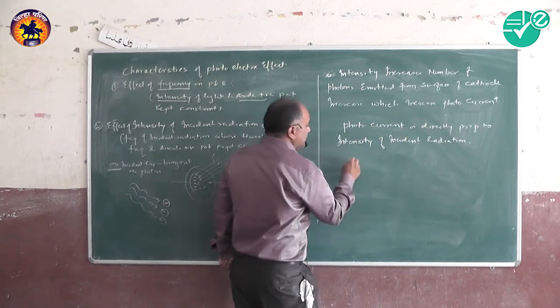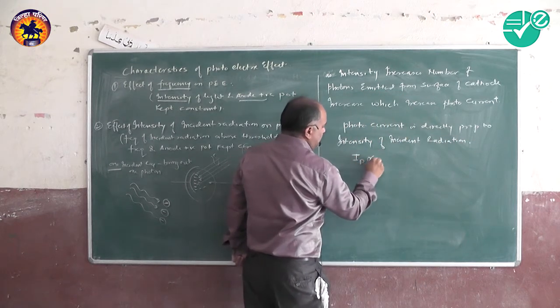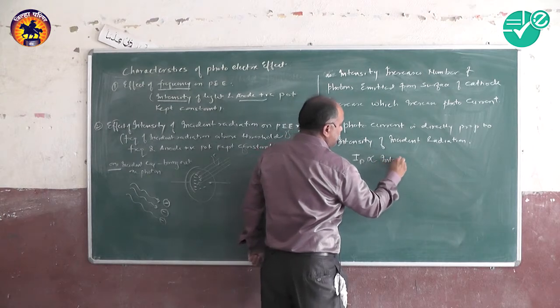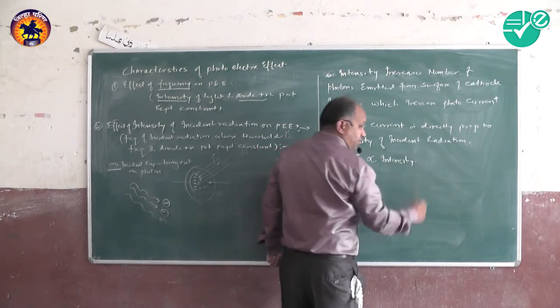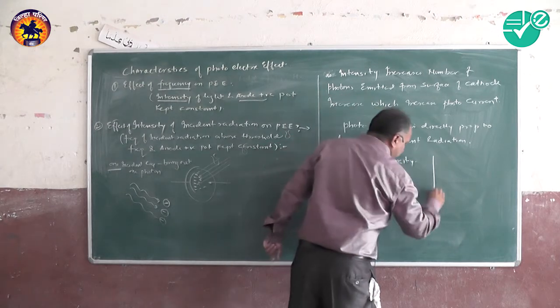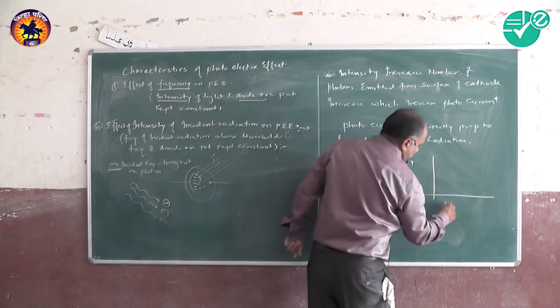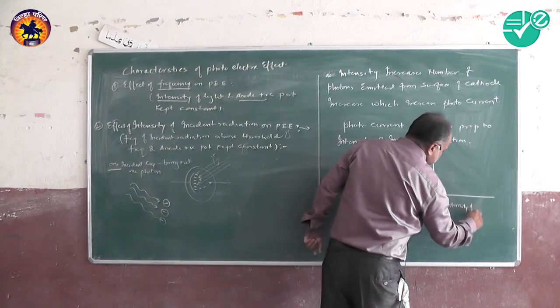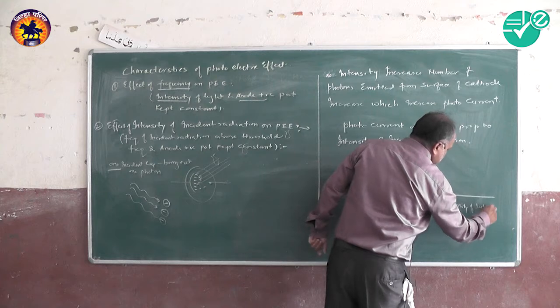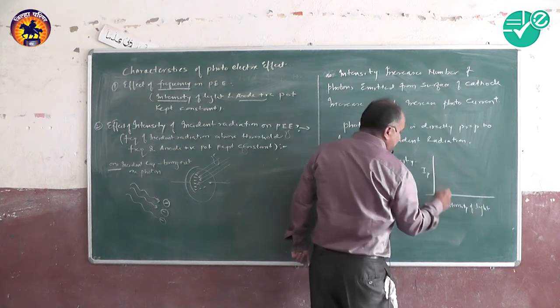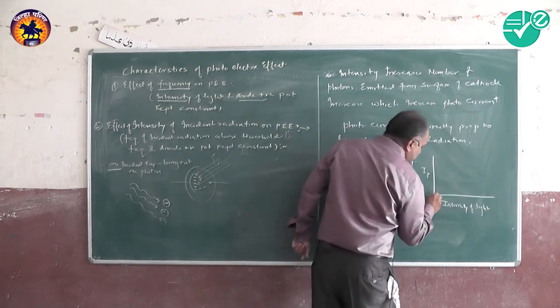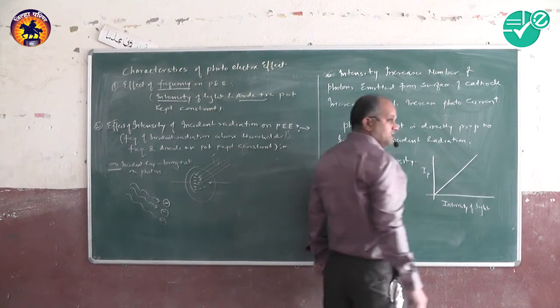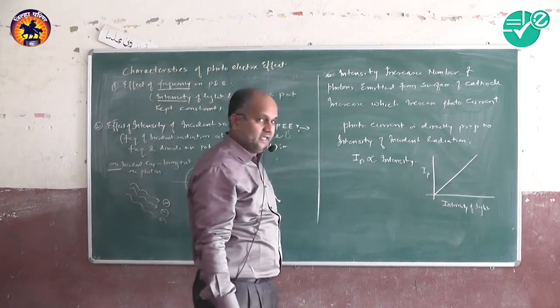That is, I_P is proportional to intensity. So if I plot the graph between I_P and intensity of light, you will see that as intensity increases, the current also increases.